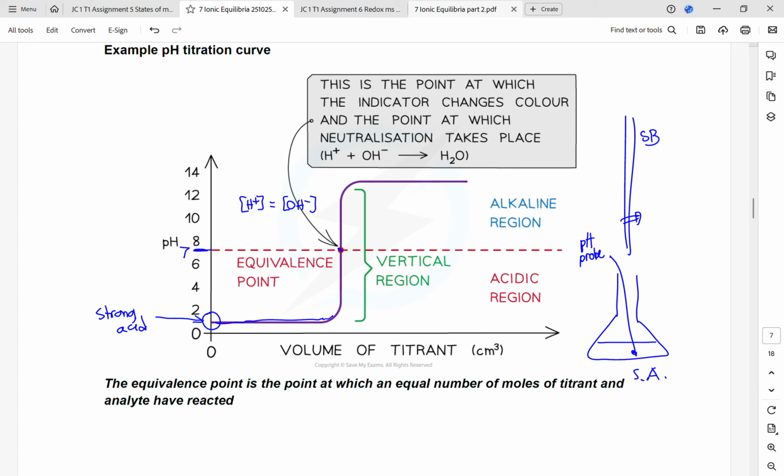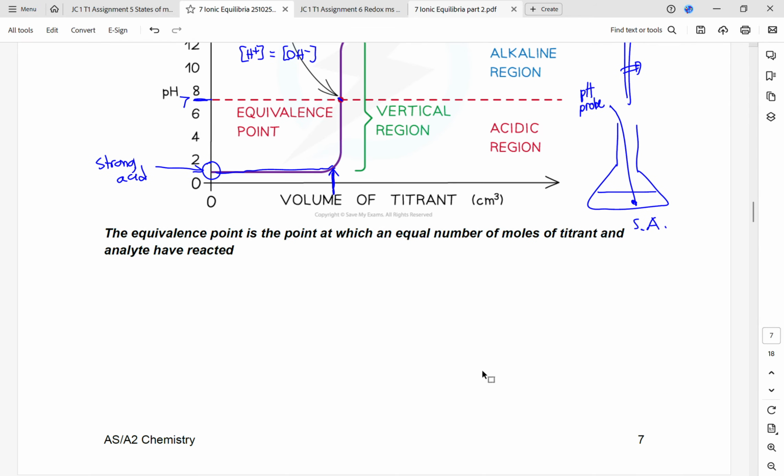Now at this point here, just before the vertical shoot up, imagine that in your conical flask you only have a few more H plus, because you already neutralized most of the H plus.